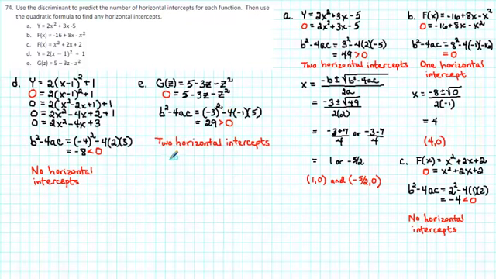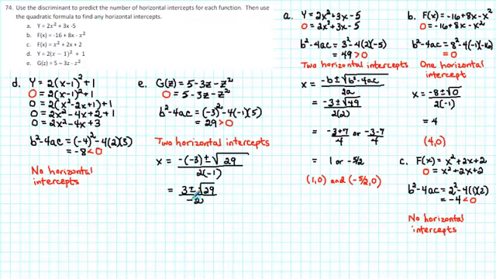To find the 2 horizontal intercepts, we can use the quadratic formula. We find that x is equal to the opposite of negative 3 plus or minus the square root of the discriminant, which is 29, all over 2 times our a value of negative 1. We get 3 plus or minus the square root of 29 over negative 2.